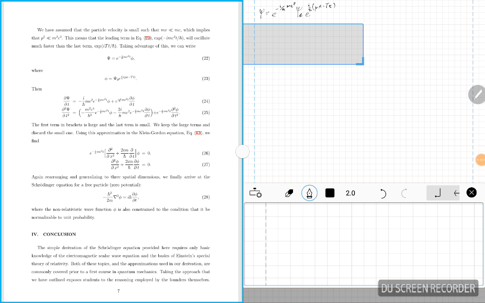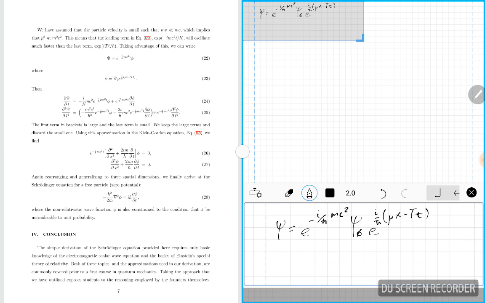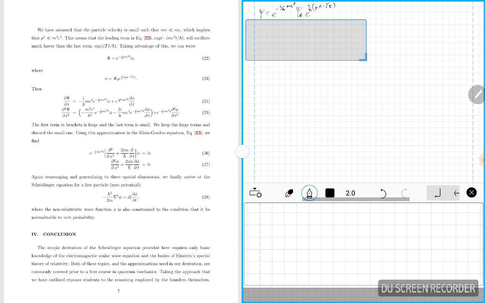Okay, now we have our wave function into that form. All that they did here was simplify it a little bit to just give it a different symbol.